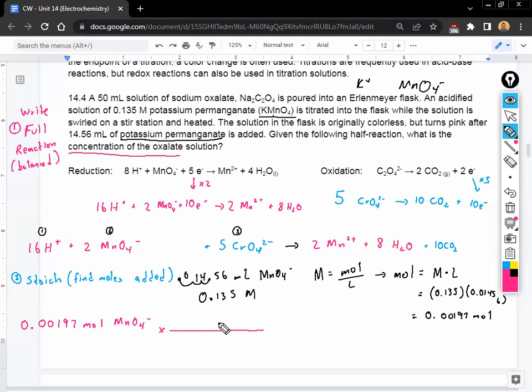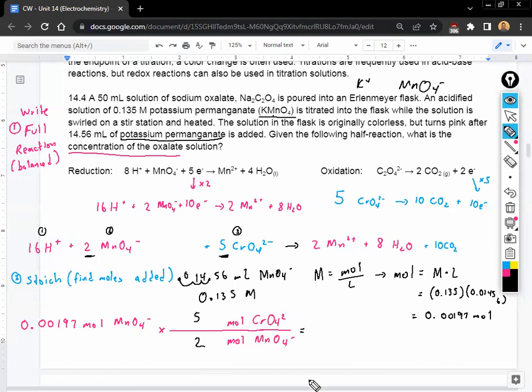We want to find oxalate, so I'm going to put moles of oxalate on the top, and I want to get rid of permanganate, so I'm going to put moles of permanganate on the bottom. What's the ratio between oxalate and permanganate? Yeah, 5 to 2. 5 oxalates per 2 permanganate, so it's 5/2.